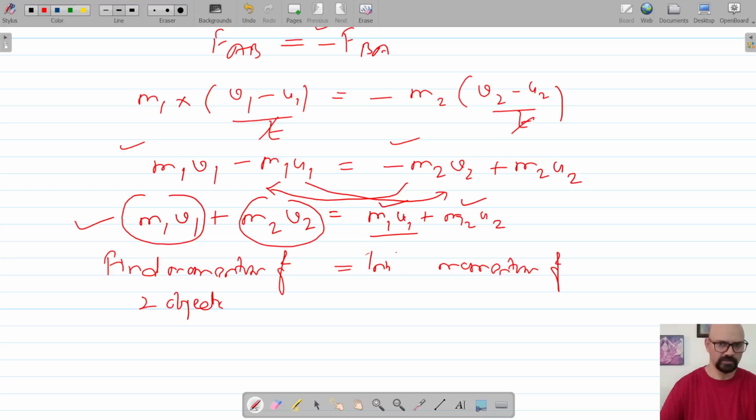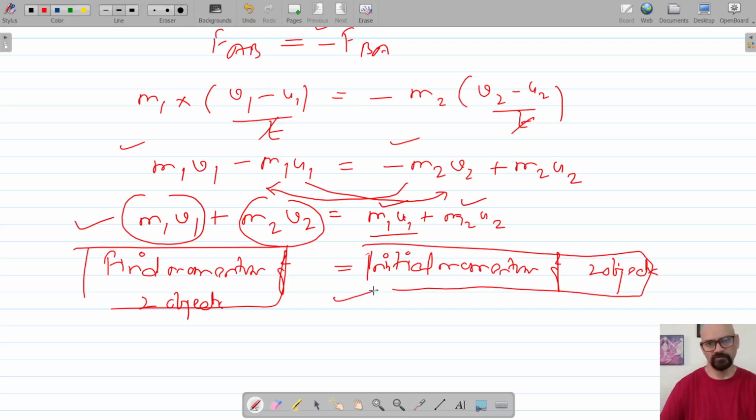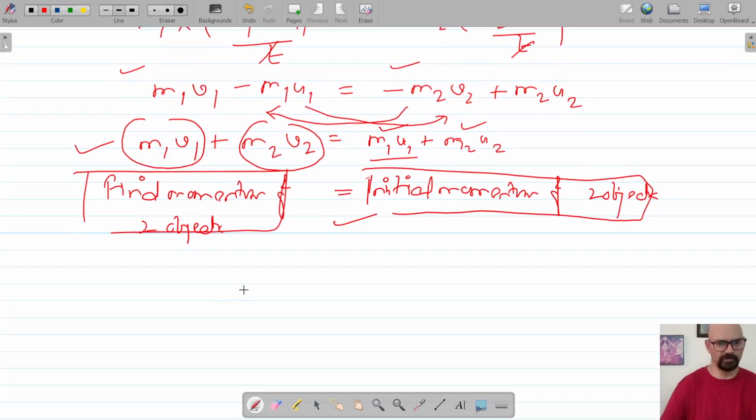So the final momentum of two objects is equal to the initial momentum of two objects. That is exactly the law of conservation of momentum.